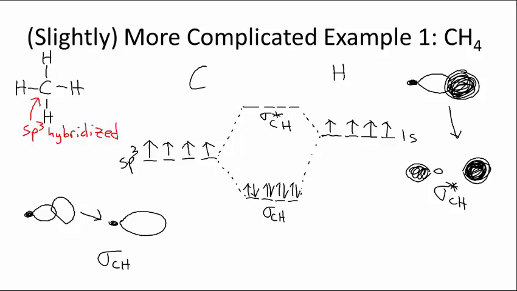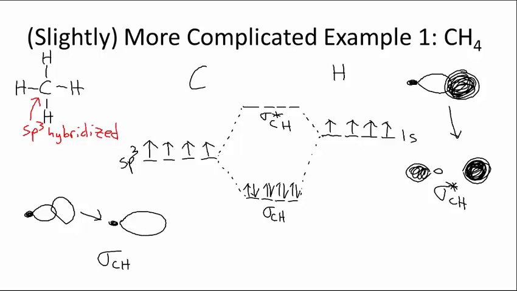And the next logical question might be, well, if the antibonding orbitals never have electrons in them, how do we know they exist? And why do we care? So my response is, we don't know any of this exists. This is all just a model. What makes a model useful is if it makes good predictions. And I will show you, maybe not today, but next time, hopefully, how this model makes good predictions.